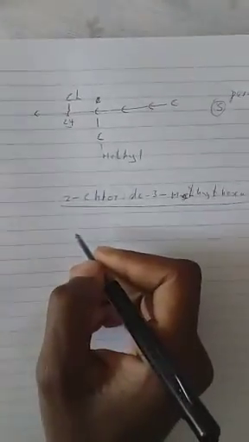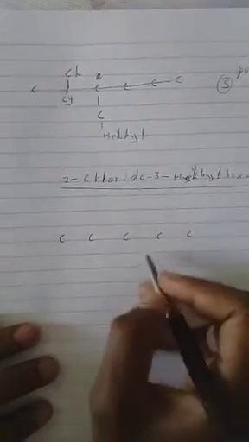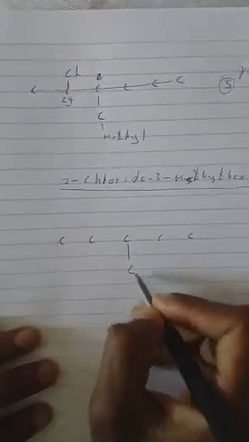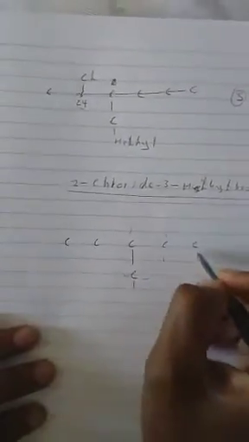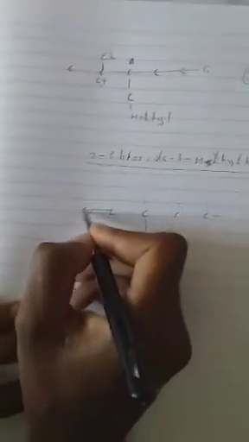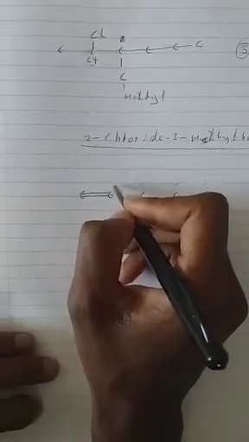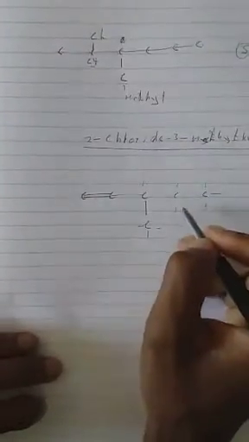Let me make another example. The question is, what if you have the very same thing? There are H's here, H's here, H's here, but here you have this, and let's say you have chlorine here.